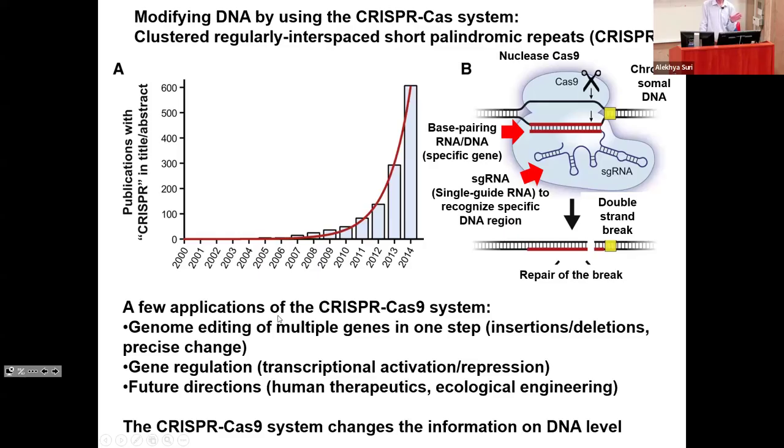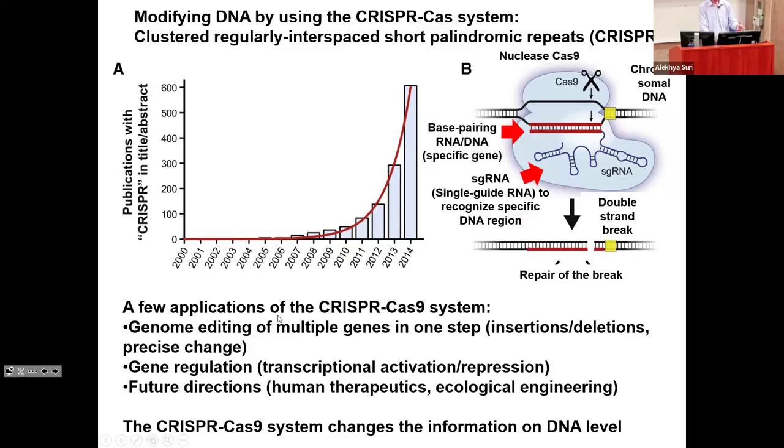This system was now used to establish mutant organisms. What you need is a nuclease and, not primers, but various RNA molecules that will target the nuclease to a specific site.